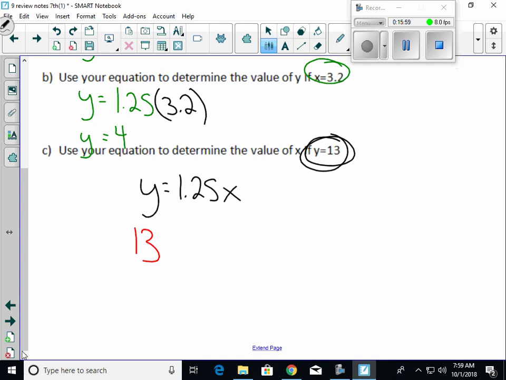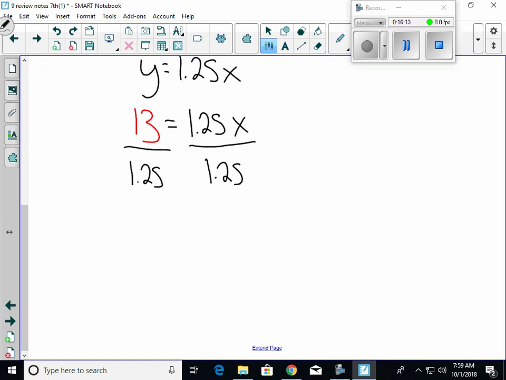Bring down 1.25x. Now, how do I solve for x? Well, I have to get rid of that number in front. I have to divide out that 1.25. So 13 divided by 1.25 is 10.4.